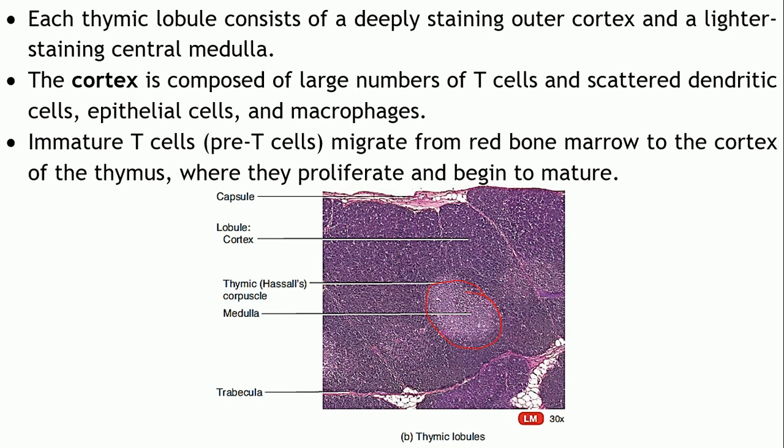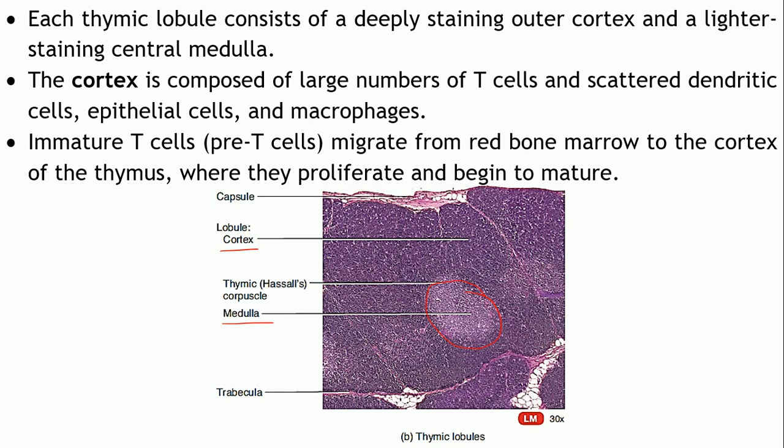So each lobule is divided into two regions. The outer region is known as the cortex and the inner region is known as the medulla. You are familiar with these terms, right? In several organs we have come across them. Even the adrenal gland is divided into two regions, the outer cortex and the middle medulla.